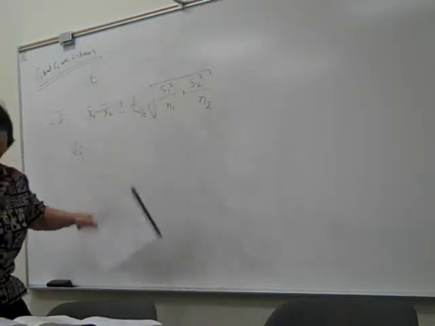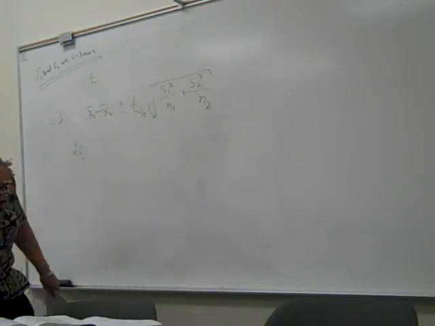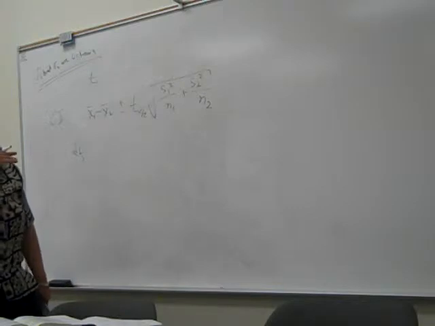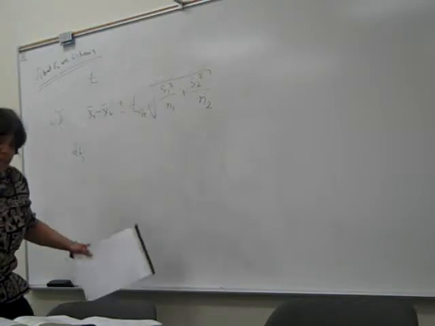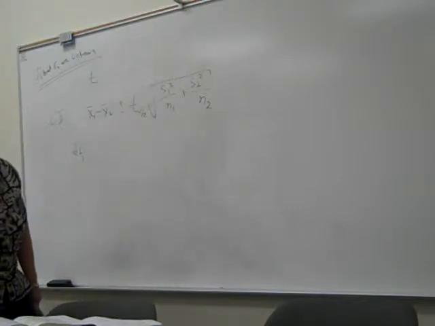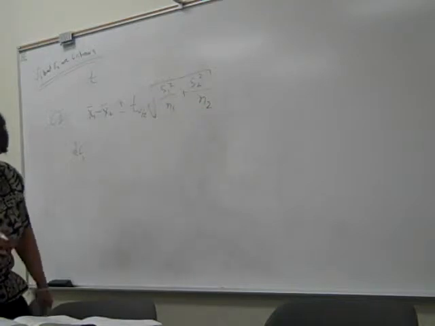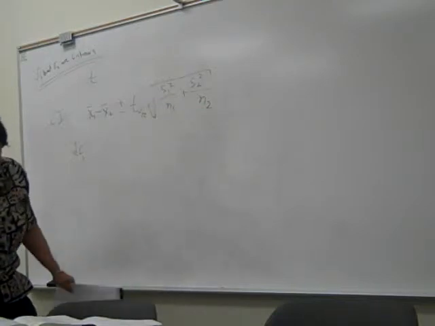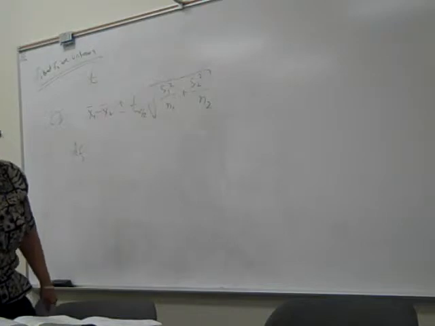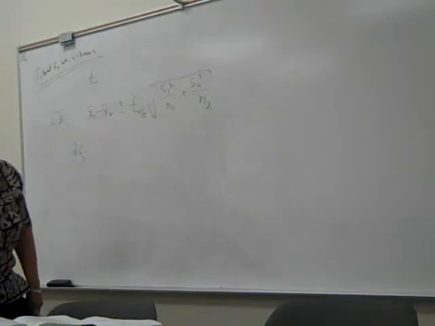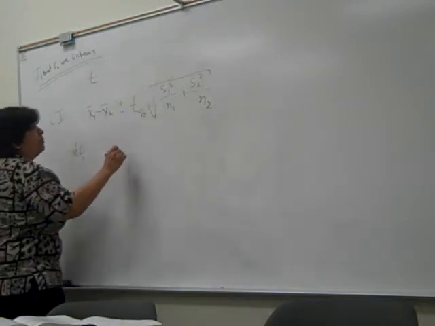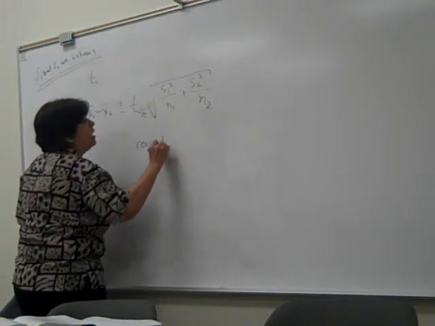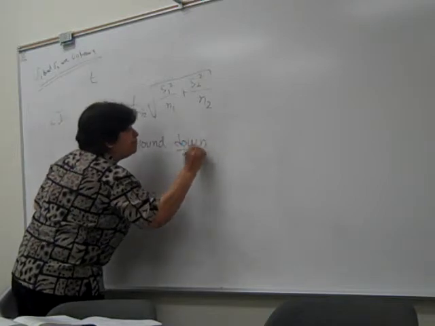It is a chorizo-like formula, if you will, and there are many mistakes that you can make over there. However, that is the only way to calculate the degrees of freedom. And when you get the degrees of freedom, you have to round down.